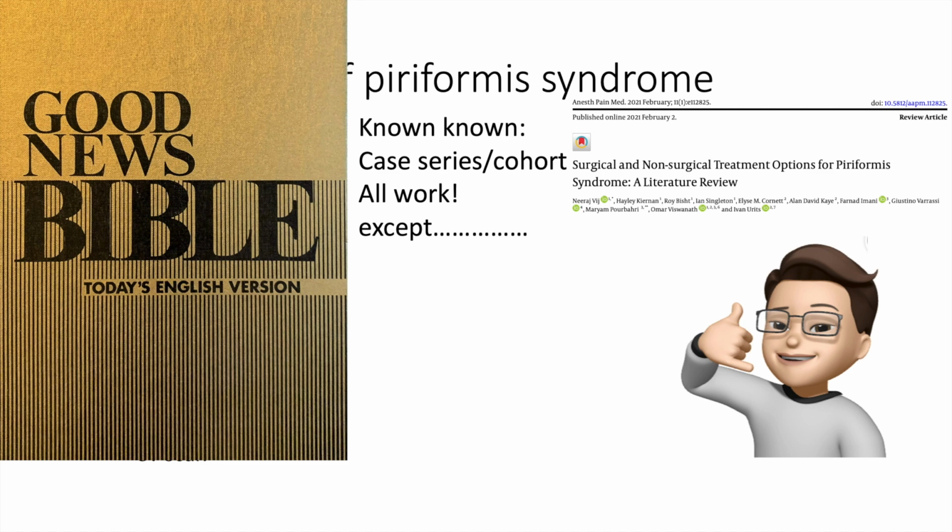But just remember, what is the name of the game for case series and cohorts? It means good news. They publish good news. So that's the reason why it seems it always works. Well, I'll give you a little bit more about what is known.